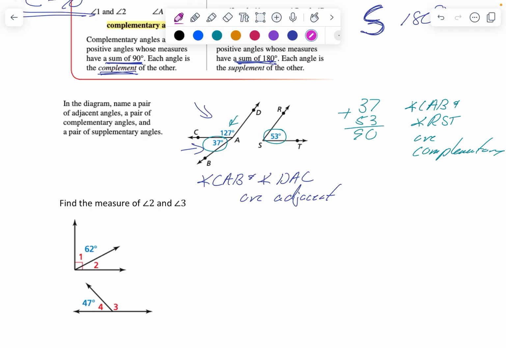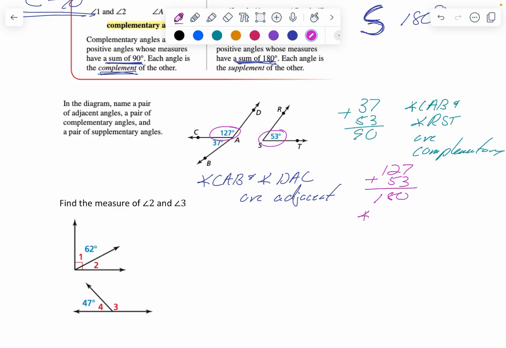And then the last one is we need supplementary. So I don't think that 127 is going to work with the 7, because 7 and 7 isn't going to equal 0. So I know that's not right. So it's probably these two right here. Those two could add up to 180. So let's check. 127 plus 53 is 180.